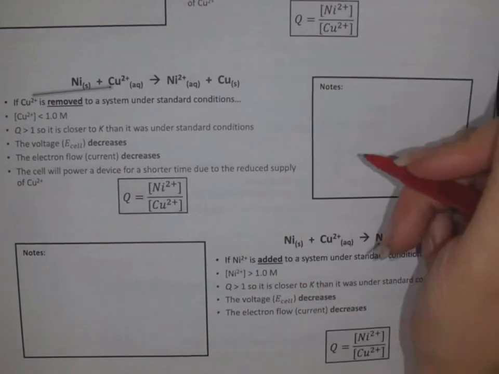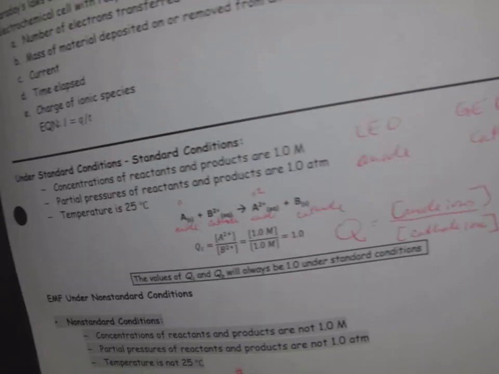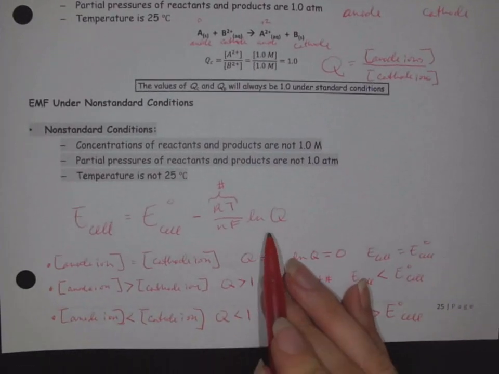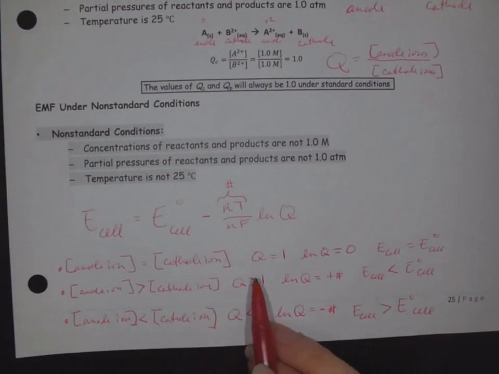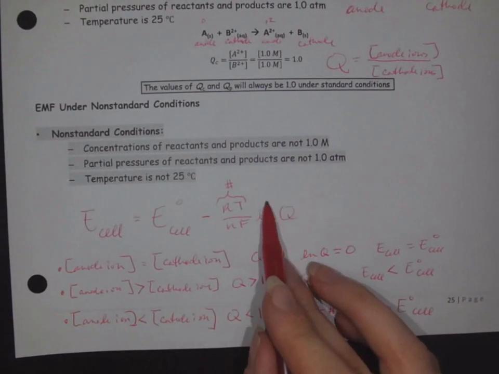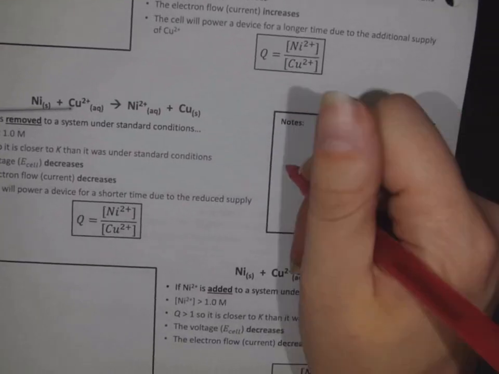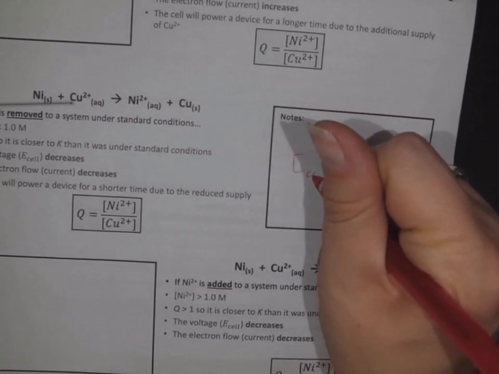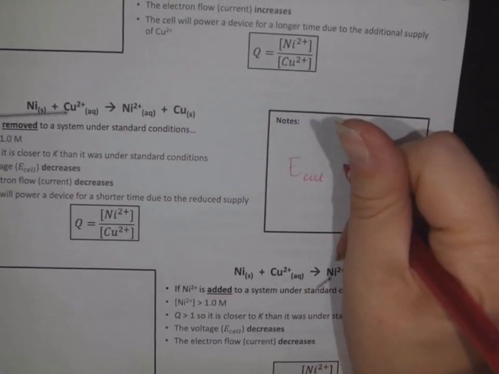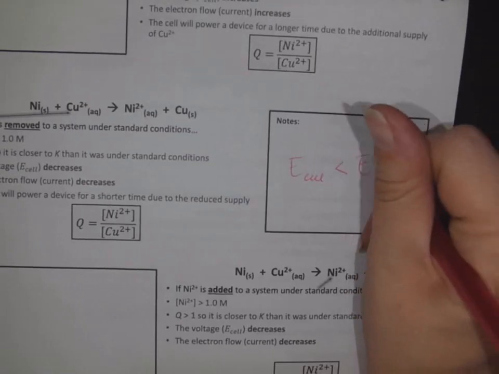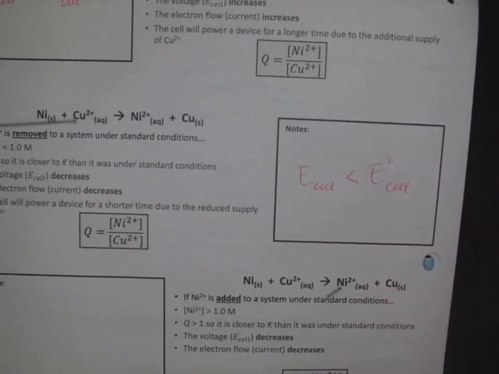And we saw that when the Q value is greater than 1, this would result in a positive number right here, and we'd be minusing this positive number, so that our E cell is not performing as well. This new battery would have a smaller voltage than the standard.